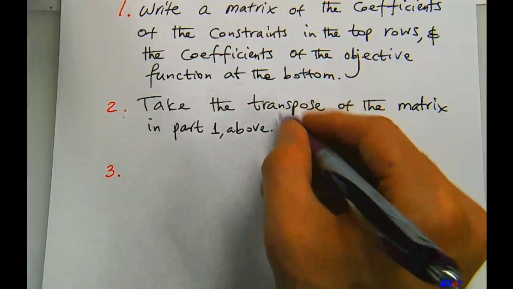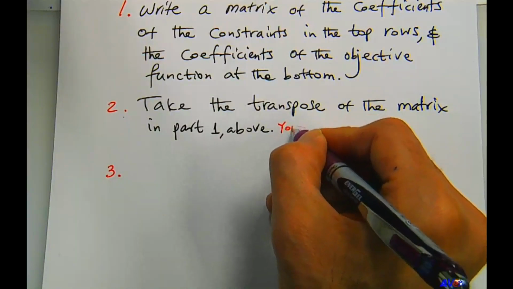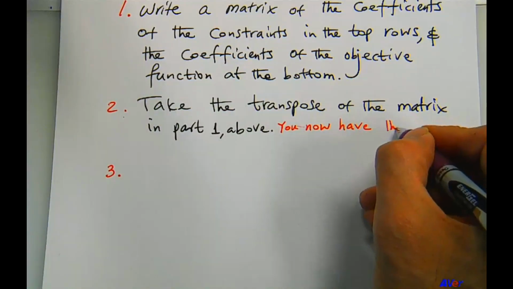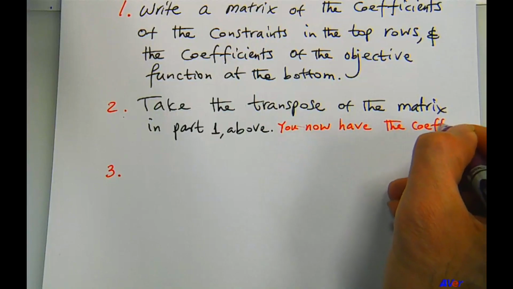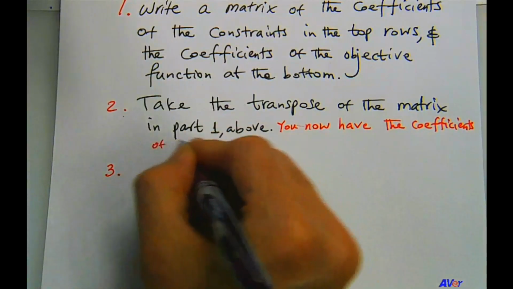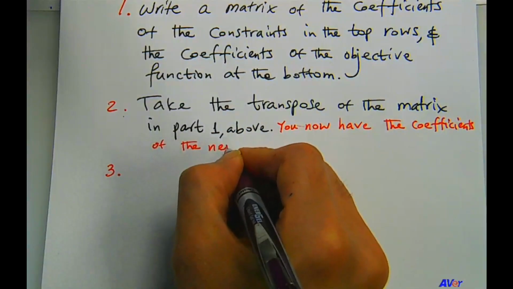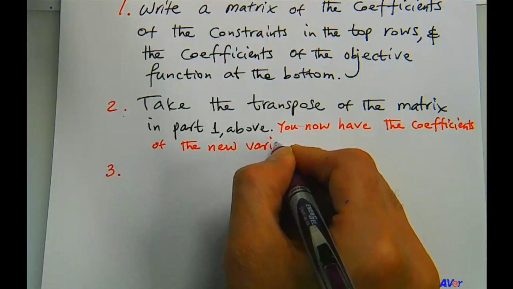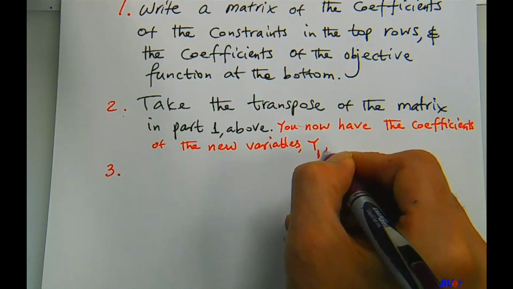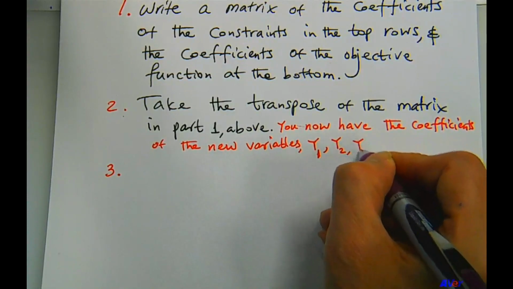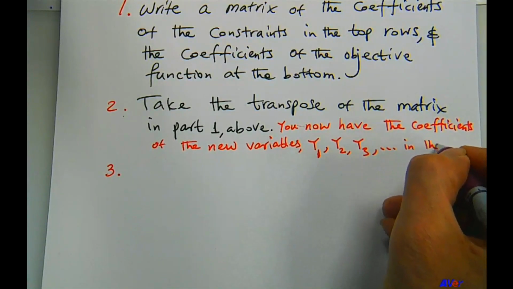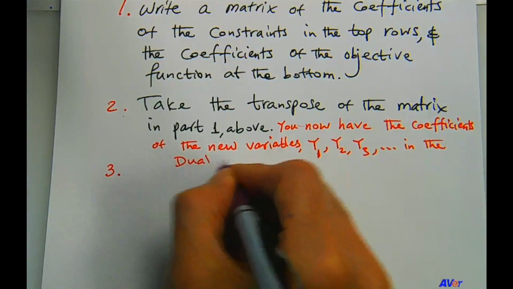Once you take the transpose, you now have the coefficients of the new variables y1, y2, y3, and so on in the dual problem.